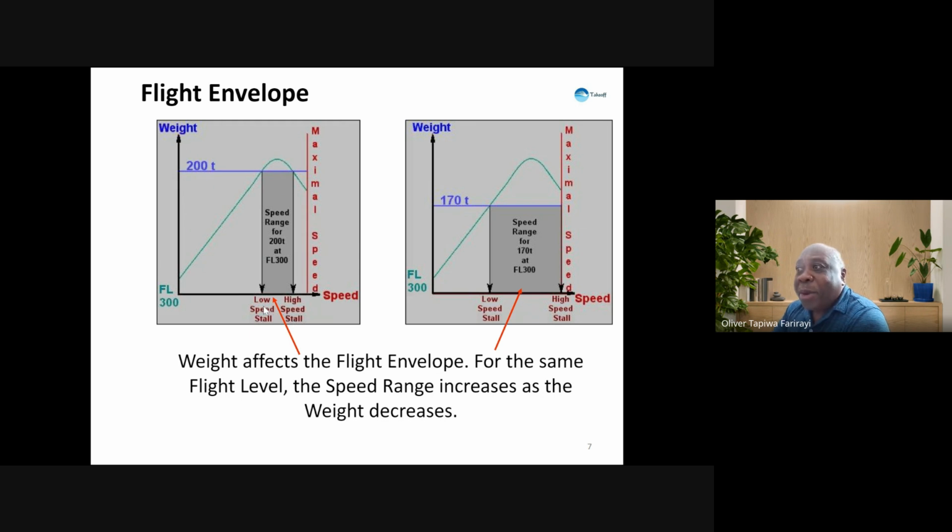Jermaine, what will happen if you go below the low speed? What do you think will happen if you go below the low speed at level 300?